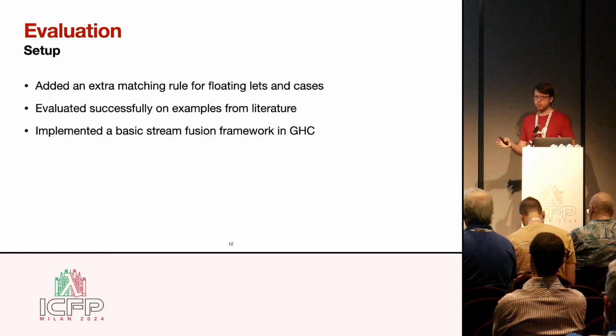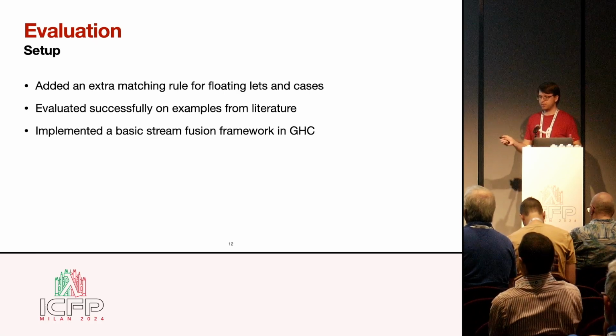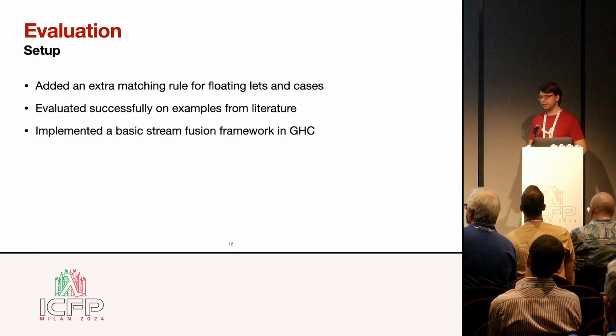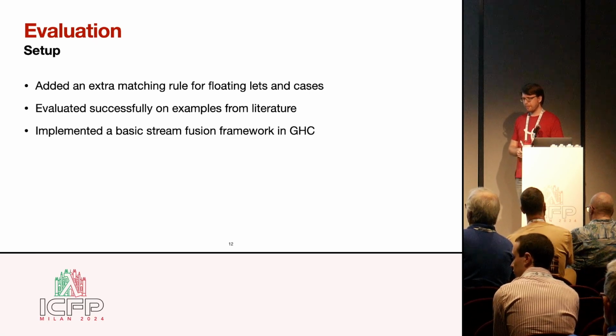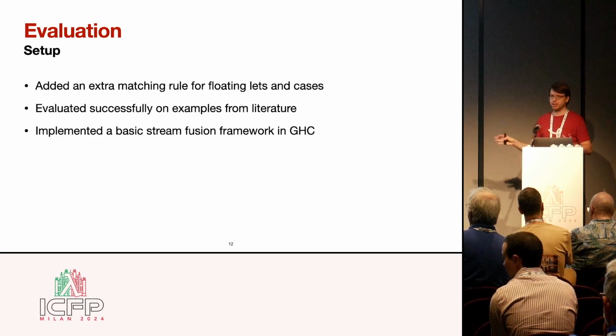That might duplicate work, but it's often worth it. And it was needed to make this fusion work. I'm still not sure if this is the approach I want to take, or if there are some alternative approaches. So this still needs to be figured out if we actually want this in GHC.